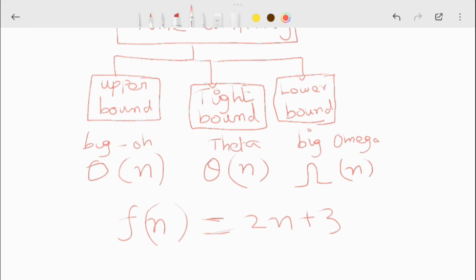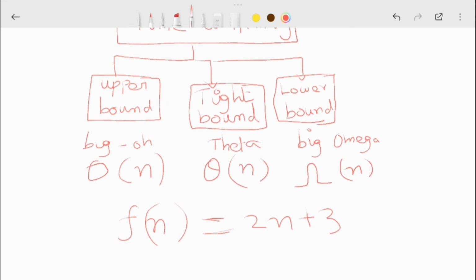The lower bound is the minimum value that this function returns for a set of inputs n. Input n is nothing but a range. For example, here the input n is a positive number. For positive numbers, what is the maximum value that this function can return? And for positive values of n, what is the minimum value that this function can return? And the tight bound is the exact value that the function f of n can return.